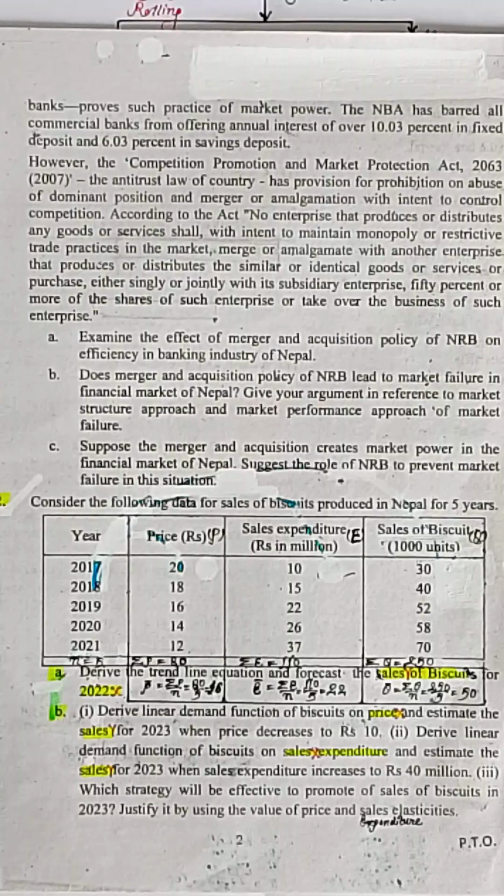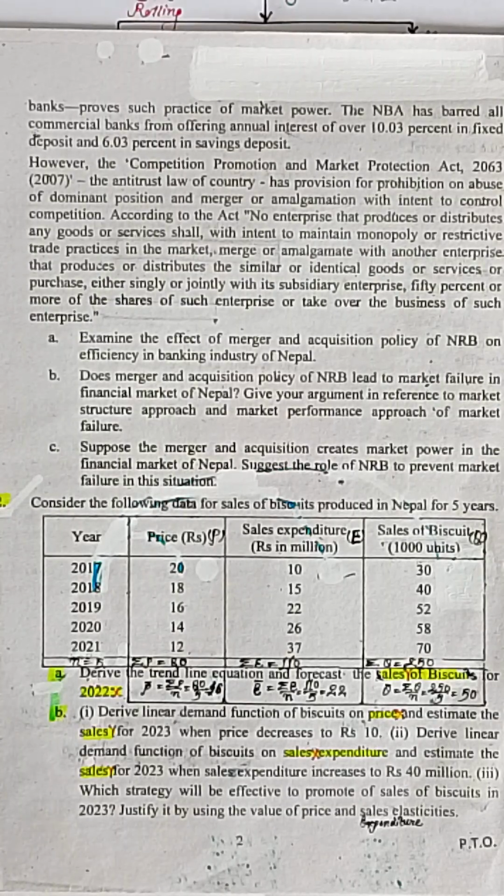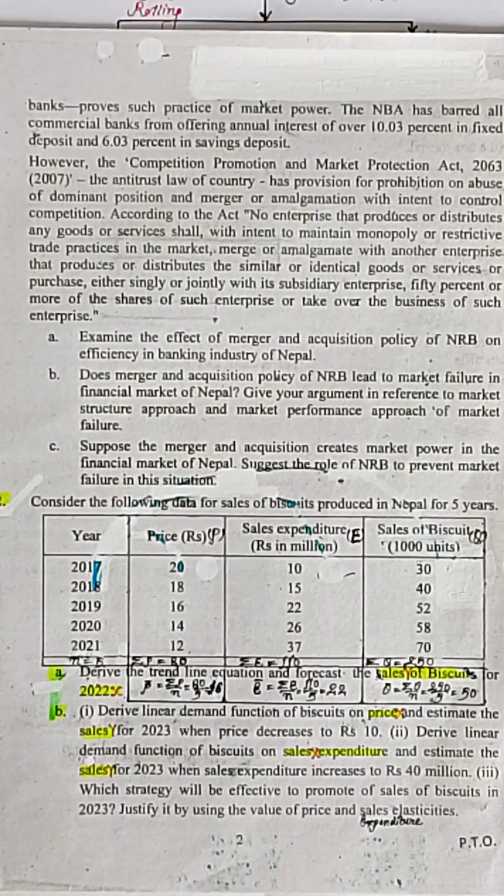The sales expenditure in rupees million, E: 10, 12, 15, 22, 26, summation E is equal to 110. E bar is equal to summation E by n, 110 by 5 is equal to 22. The sales of the biscuit in 100 units, Q: 30, 40, 52, 58, 70, summation Q is equal to 250.